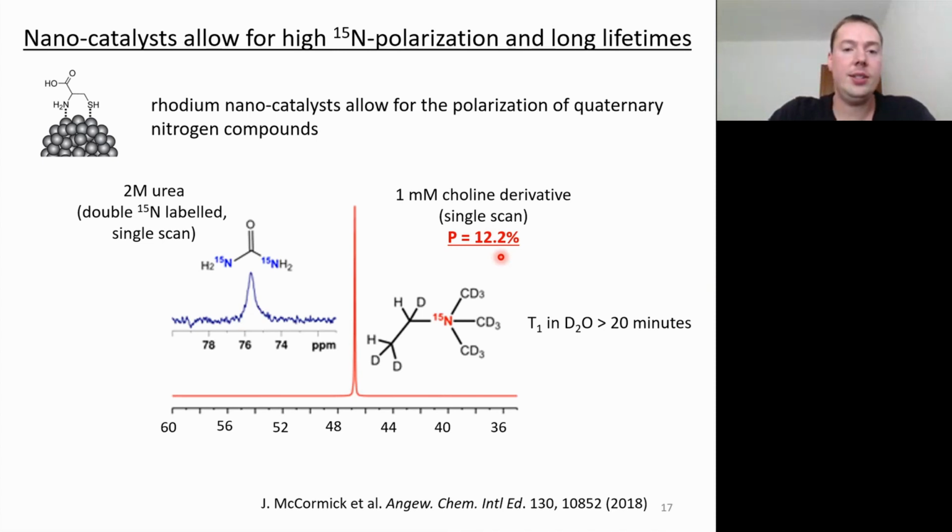With the homogeneous catalysts that we tried, they seem to unfavorably interact with these kinds of molecules, and we achieve one order of magnitude less polarization with them. A very interesting part here is that the T1 of these particular 15N nuclei is over 20 minutes, so you can generate very nicely hyperpolarized signals, and you can still observe them via this long T1 after 1 hour.